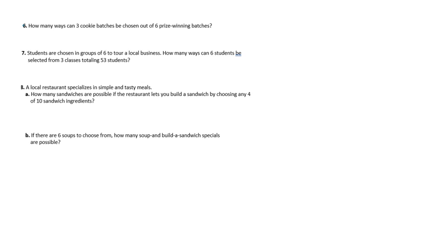Order doesn't matter because they're just making a team, and it's not the order of the team that matters. So it's a combination. We have 53 students, and we're choosing 6 of them. So this is how we'll type it into the calculator. When I type that in, I get 22,957,480 different groups of 6.